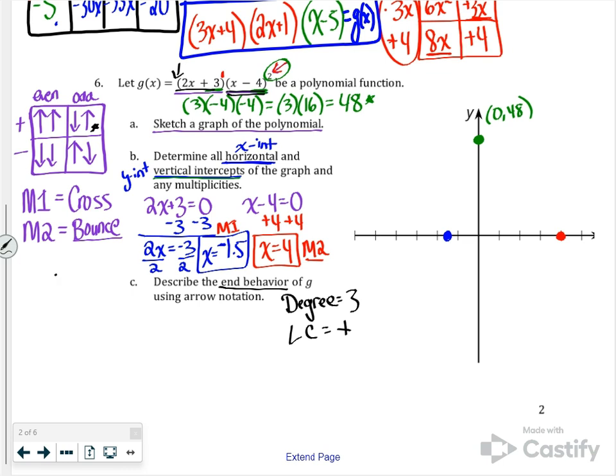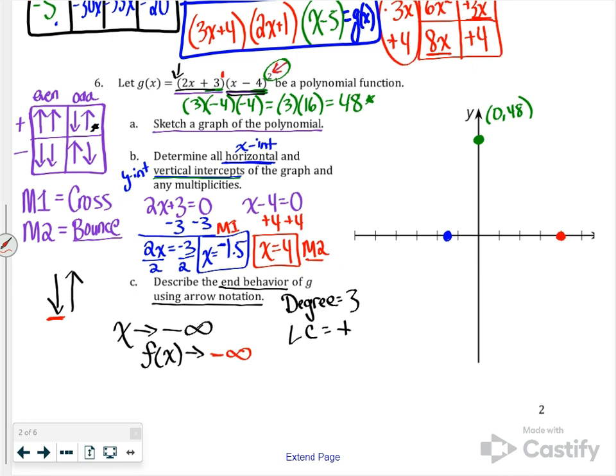So we know that this is going to be a down and an up pattern, but it asks us to use arrow notation. So we're going to tell the reader that I'm going to look at the left side of the function. And when I do that, this arrow goes down. So we're going to say that the function approaches negative infinity.